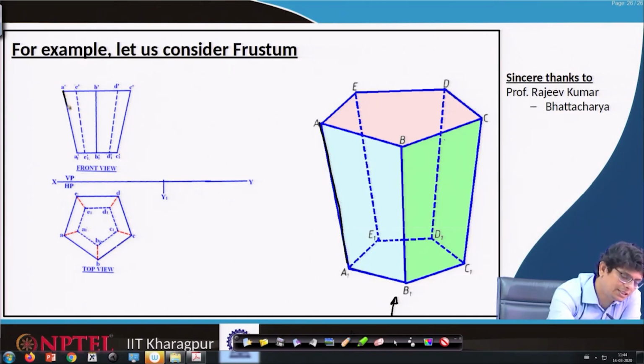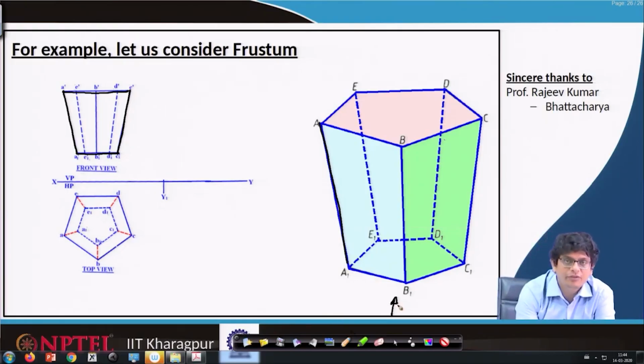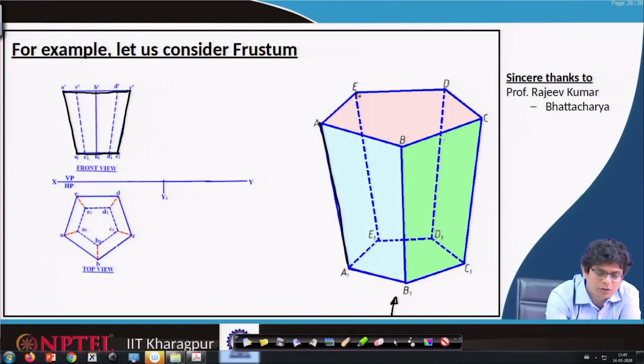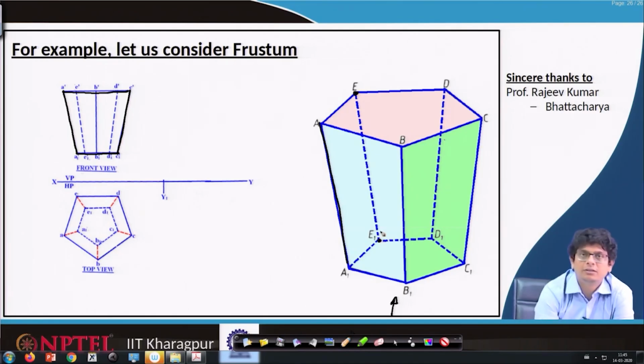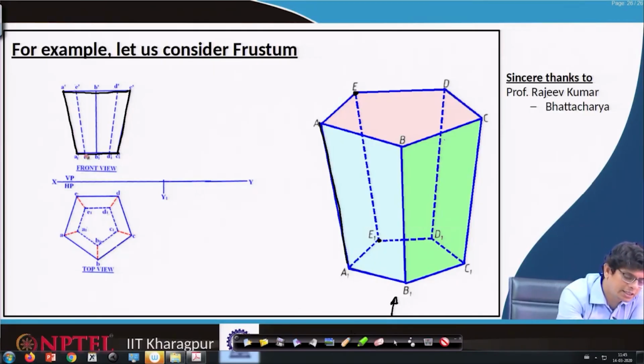That slant edge is this one. Because we are looking from front view, we do not see E1; these are not visible lines. So, connect E1 to E prime by dashed lines.